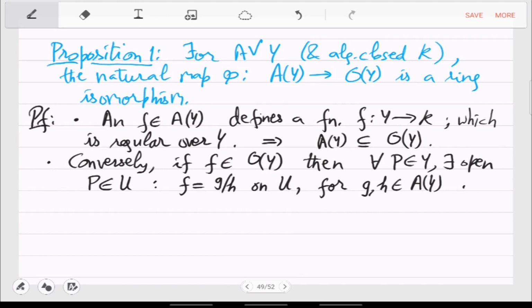And then we had this proof sketch that the same g and h you can use everywhere. So this means that f is equal to g by h on the whole Y. Basically, we showed this by taking two different open sets U1 and U2, and then this representation has to match on the intersection.